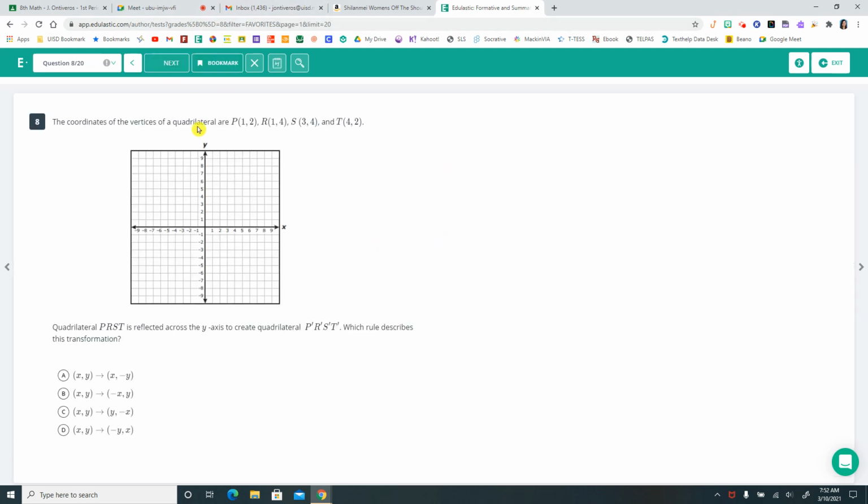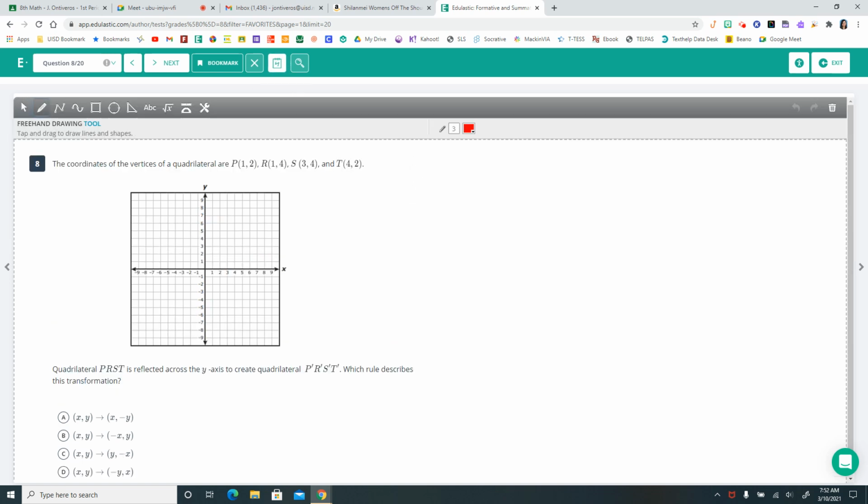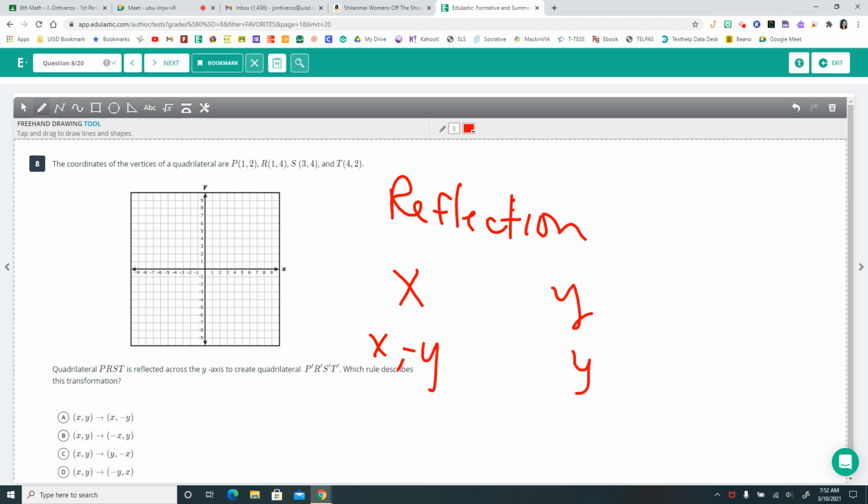Okay. And then the next one, don't forget that if it's reflected across the x-axis, over the x, it's going to be x the same, y negative. Over the y, positive, negative x.